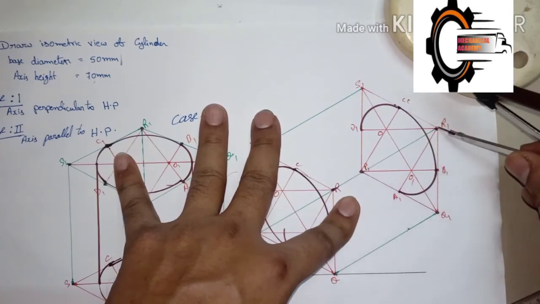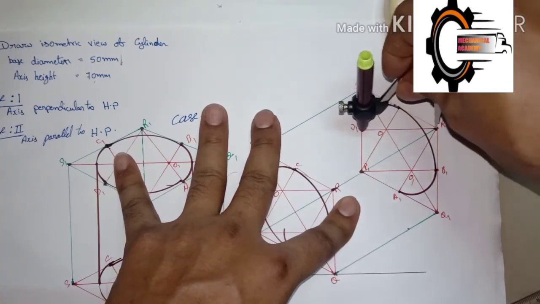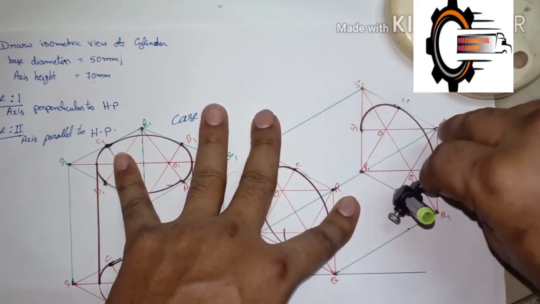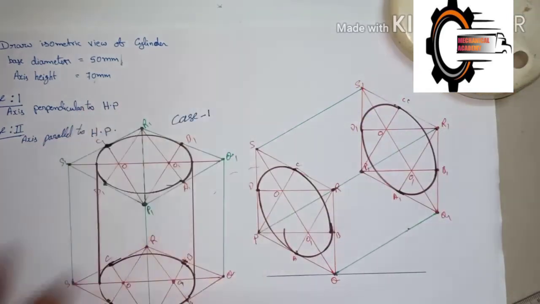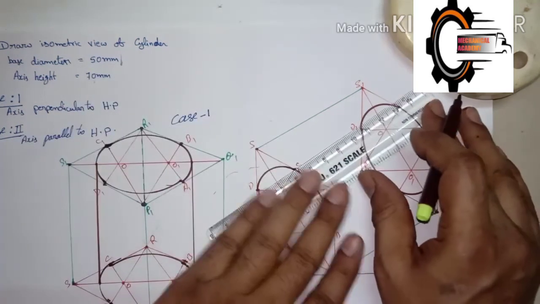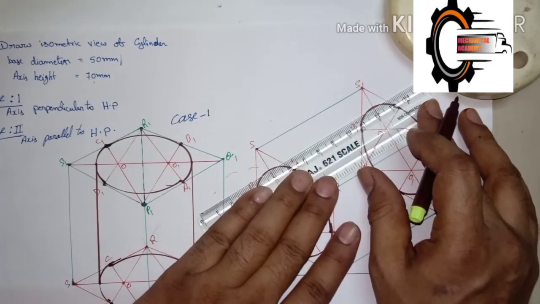Okay, now from R to D, like this. Okay, so these are the surfaces of both sides. Now we have to join the tangents. Okay, so from here to here.